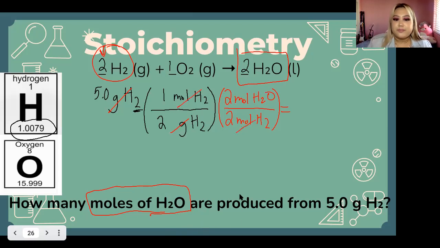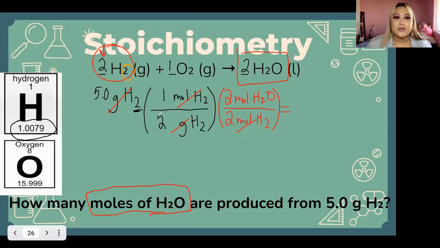I have a question. When do we look at the coefficient versus when we look at the subscript? The subscript matters when we're doing the molar mass. That's one of them. The subscript matters when we're counting how many hydrogens are in this problem, right?